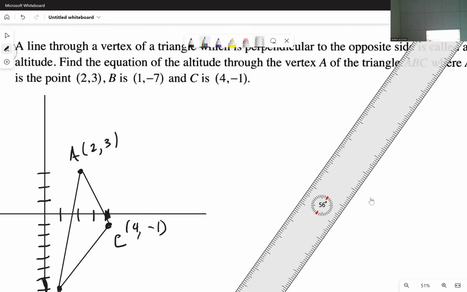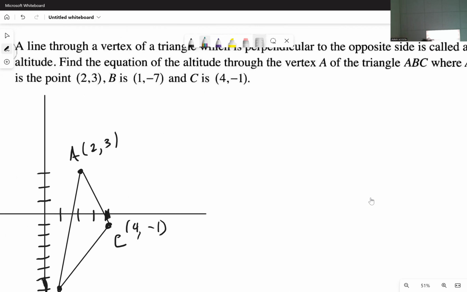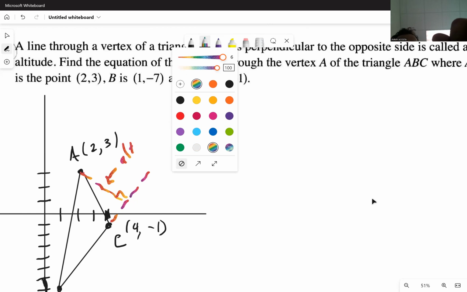I'm not going to do it with a ruler anymore. So imagine you extended this line like this. I have to get a new point. This here is the altitude. This is the altitude. Let me change the thickness of that line. It's too thick.